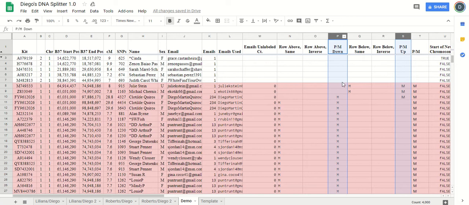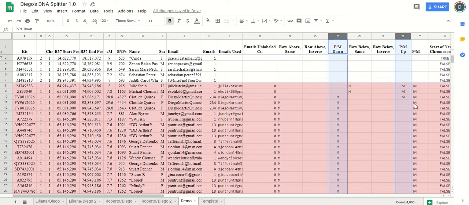So these two are the data entry columns, and then T takes the result of both and combines them. So that, for example, here I have set it to M, and here I have also set it to M. The overall result is M. Here I only set it to M, and this one was left blank.